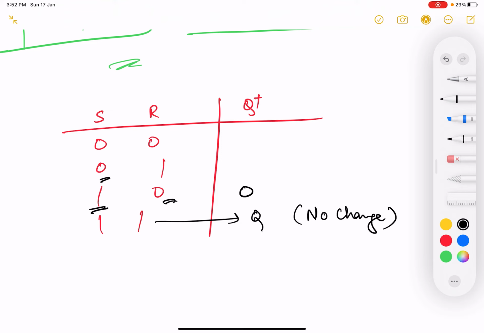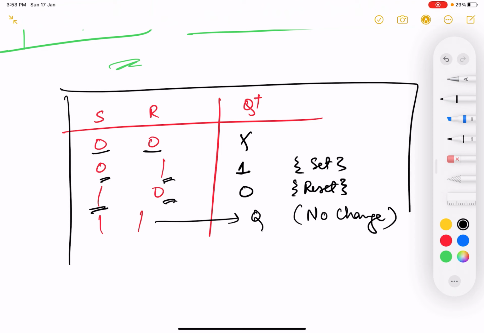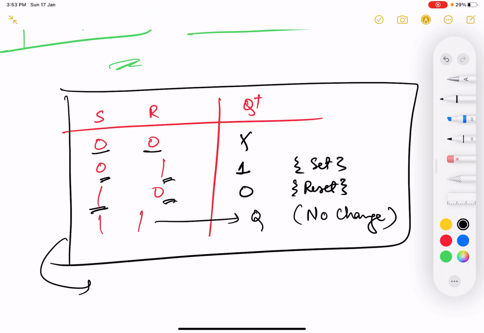When S equal to 0, R equal to 1, the output state was set to 1. This we say output state reset to 0. This we say the output state set to 1. And when both S equal to 0, R equal to 0, this is a don't care condition. So we can conclude that this is the final truth table for SR latch.